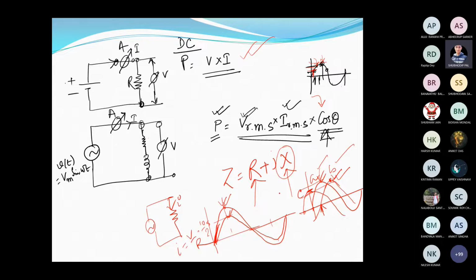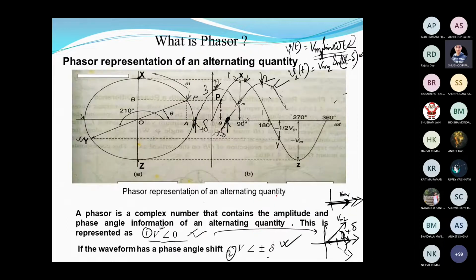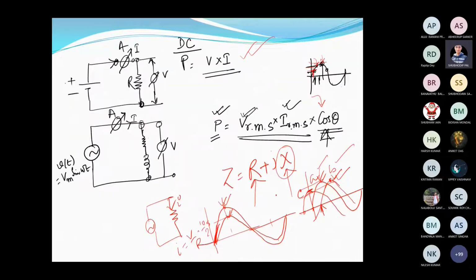Now, when this is coming a bit later or a bit early, and when they go hand in hand, that means when they match, this factor becomes 1. There is no phase difference between voltage and current, so theta is equal to 0, and cos 0 equals 1.